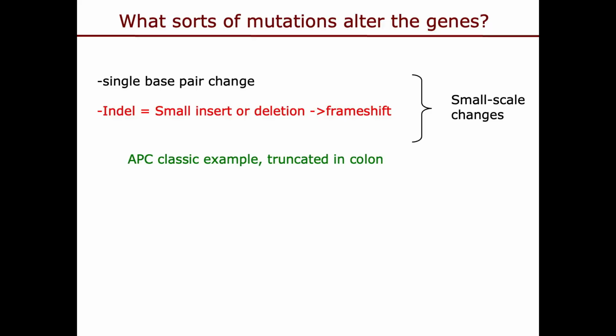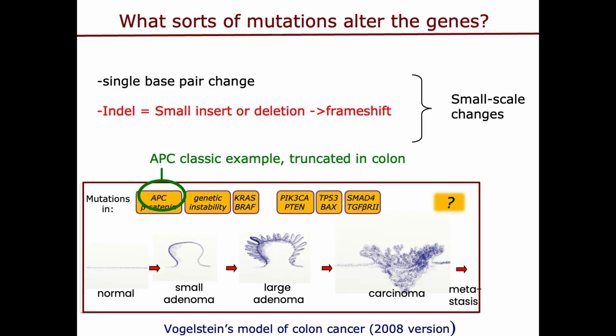And I'll illustrate this with an important example of the mutations of the APC gene, which frequently involve indels and frame shifts. APC is the first gene mutated in the standard model of colon cancer, as shown here. About 80% or more of colon cancers have a mutation in APC, and it's very often a truncating mutation.